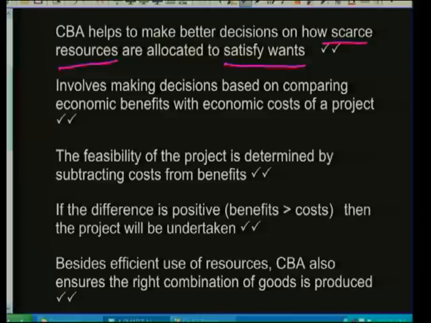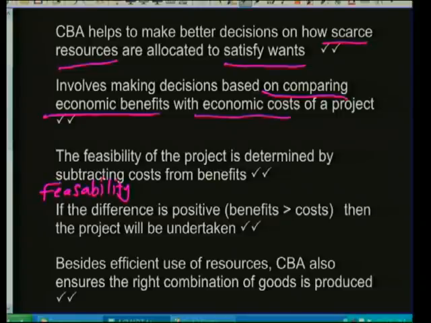It involves making decisions based on comparing economic benefits. So how will we benefit, the profit that we're going to make, or the cost of the project? What are the expenses that we are going to have? And those costs could also include costs to society. The feasibility of the project is determined by subtracting costs from benefits, which means you're going to say feasibility.